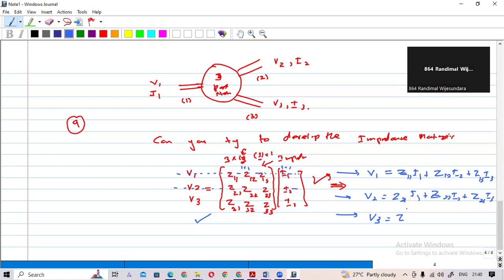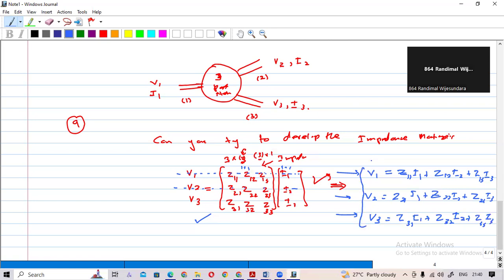So you will have Z31 I1 plus Z32 I2 plus Z33 I3. Okay. So there are three equations. So this is the equation form.